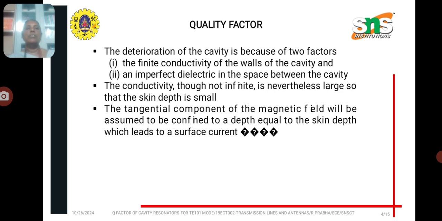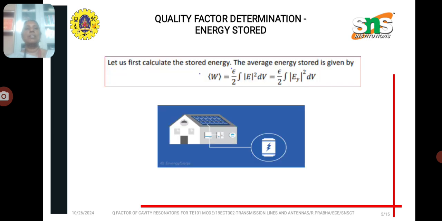The conductivity, though not infinite, is nevertheless large, so that the skin depth is small. The tangential component of the magnetic field will be assumed to be confined to a depth equal to the skin depth, which leads to surface current.